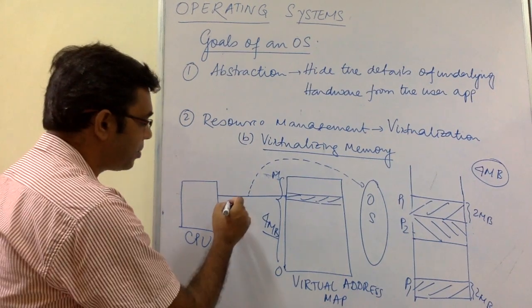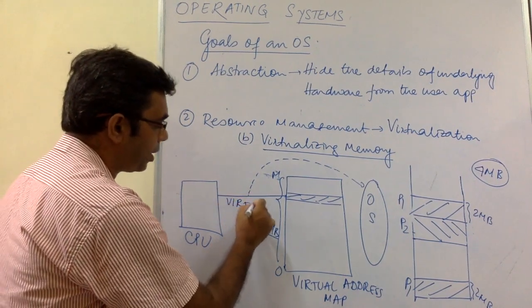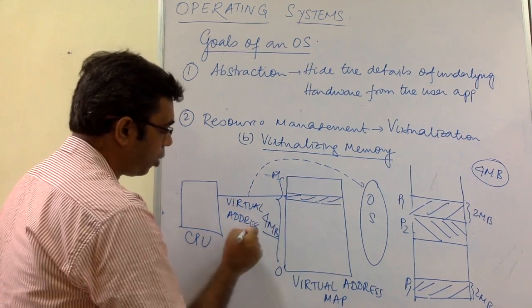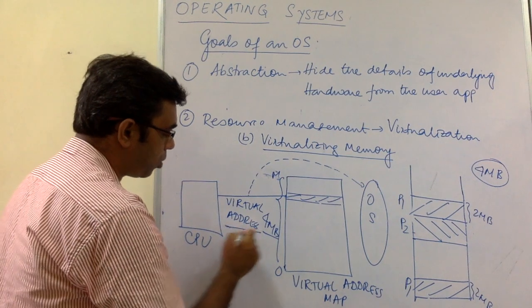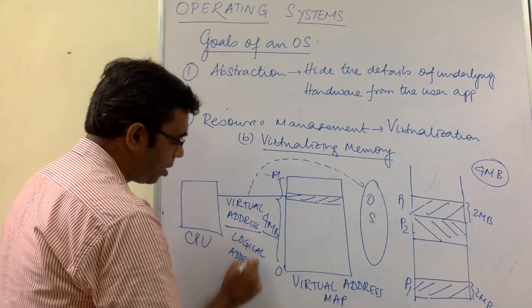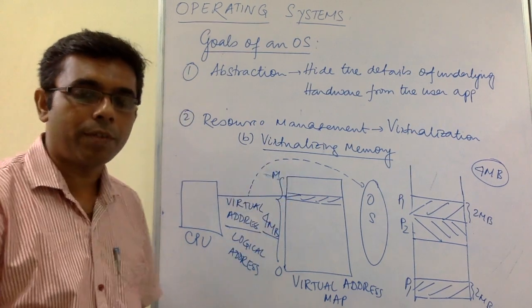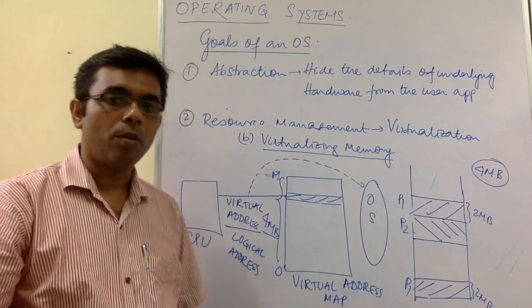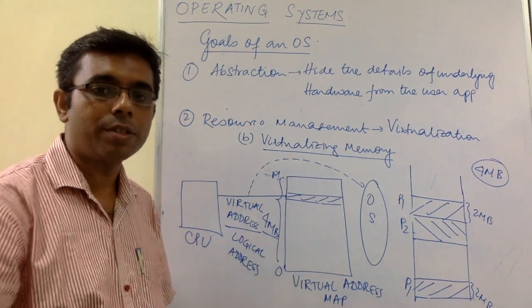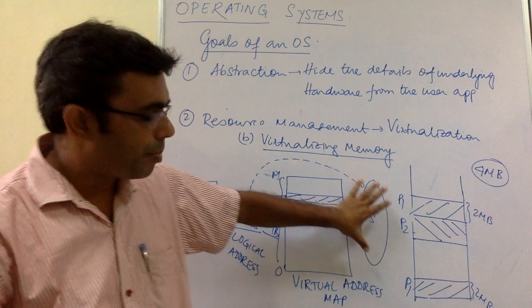This address that has been sent is a virtual address, or we often call it a logical address, because it's not the actual physical location of the instruction. So the CPU sends the instruction for a virtual address, and this virtual address is interpreted by the OS.